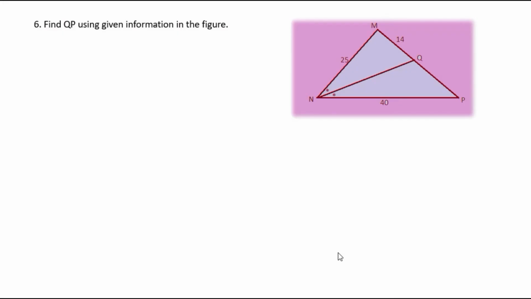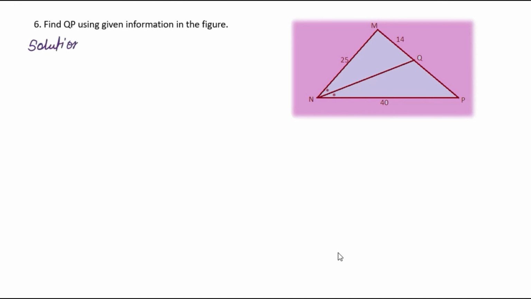Question 6. Find QP using the given information in the figure. Here MN is 25, MQ is 14, QP we have to find, and NP is equal to 40. So this is the case of the angle bisector theorem. We can directly apply it here.